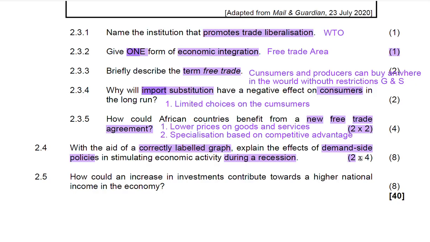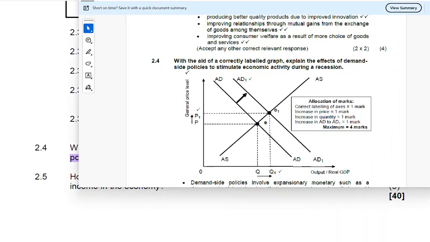Now, I'm going to take you through the 2.4 marking guide, and we'll look at it together. As we look at it, you'll have an idea of how you would have drawn your graph, meaning we'll be looking at your y-axis as well as your x-axis.